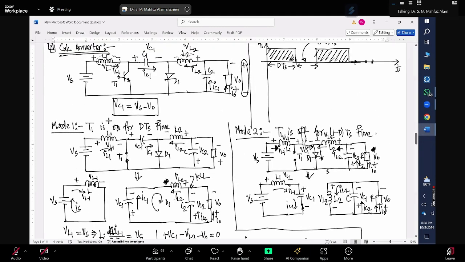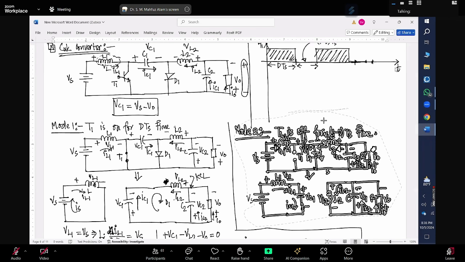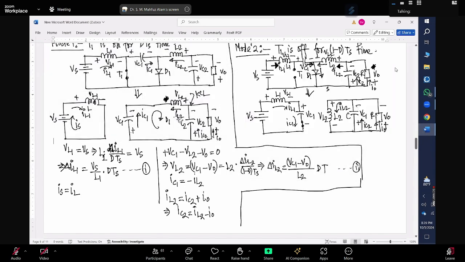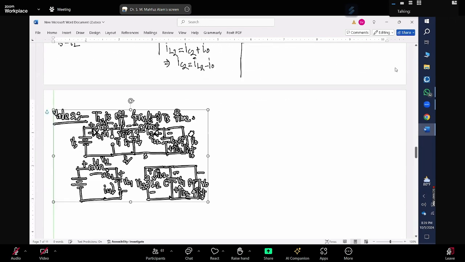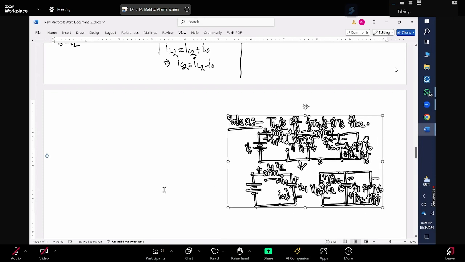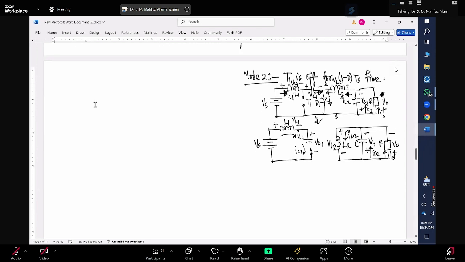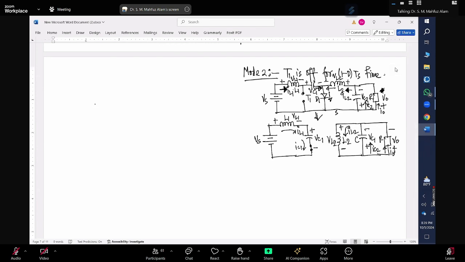So let me copy the thing. This is my Vs. So now for mode 2, what should be the equation for VL1?